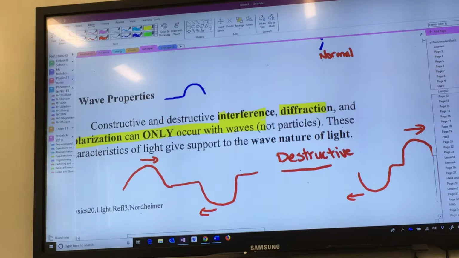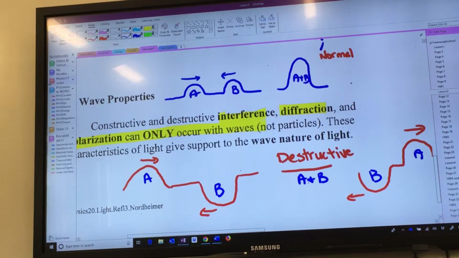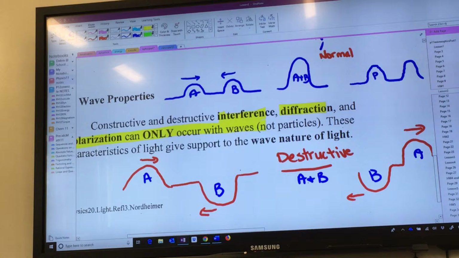This one and this one, they're going towards each other, and when they overlap, you get A, B, and they keep going that way, and this one goes that way.